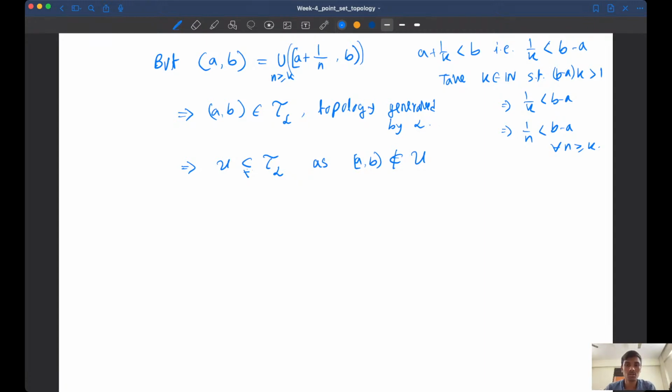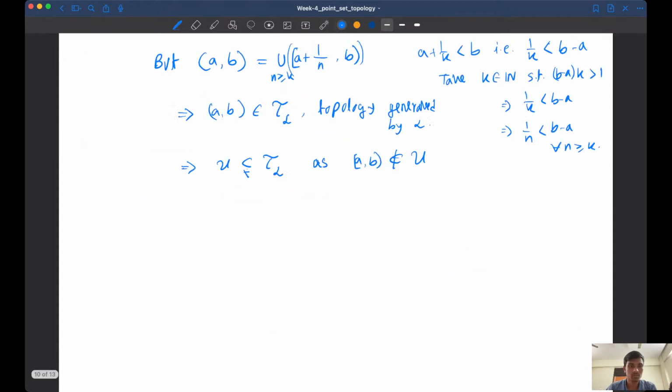So you can easily see that this cannot be an element of the usual topology that comes from a metric. So that completes the second thing, that it is strictly finer.